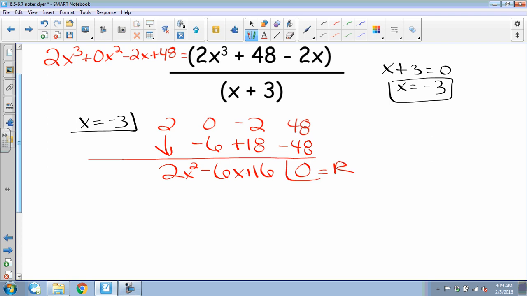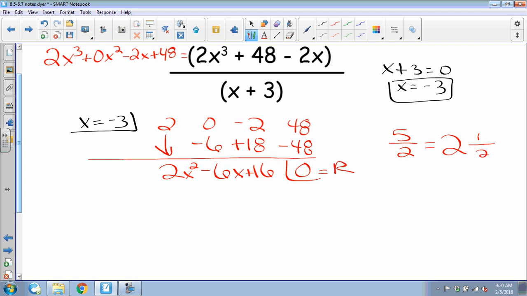So this is my answer. What do you do with the remainder? What did you do with the remainder? 5 divided by 2. 2 goes into 5 how many times? 2, with how many left over? That's my remainder, right? So you put your remainder over what you divided by.